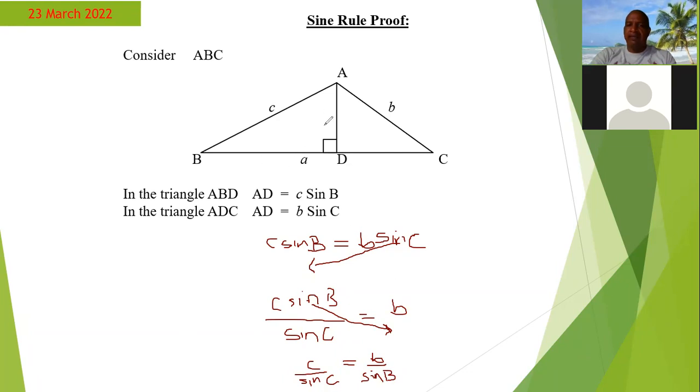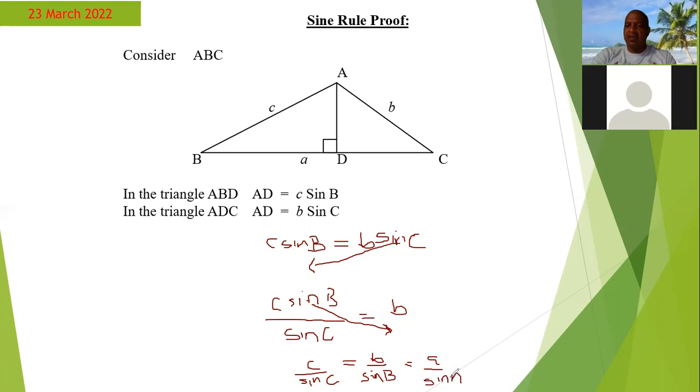Now for a similar triangle, if we are working with the side A, we would get that to also be equal to A over sine of the angle A.